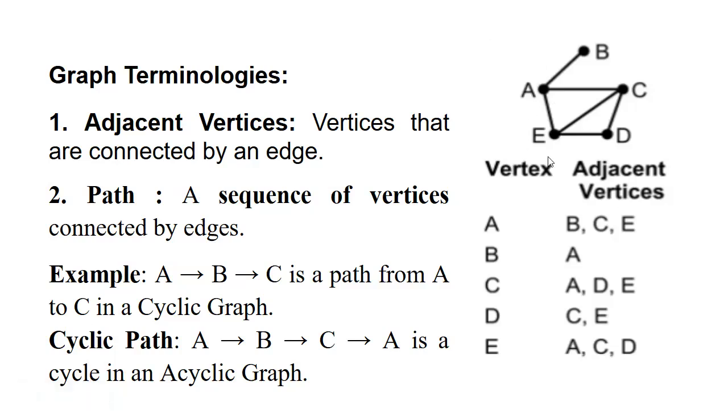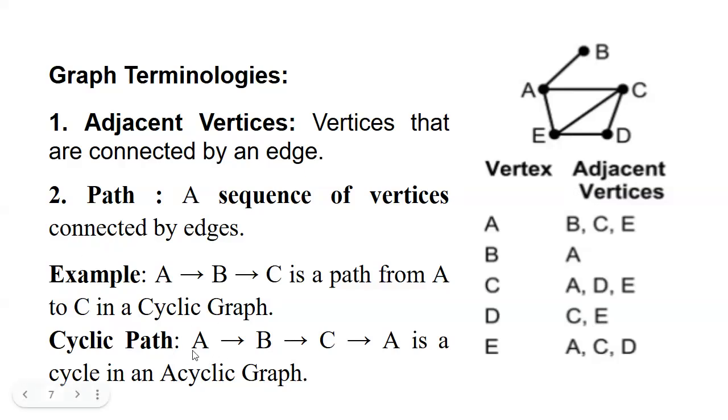Path is nothing but the link between two nodes, indirectly also known as path. In the given example graph, from vertex A to D, there is a path from A to E, E to C. Some other path is also there. And as in the first terminology, for A there are three adjacent vertices, but for B only one adjacent vertex is there, and so on.